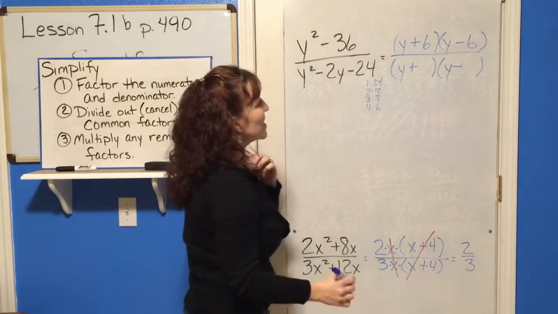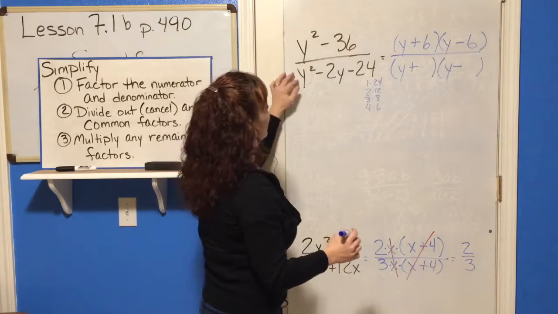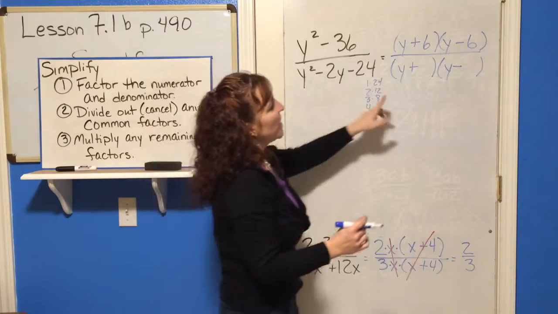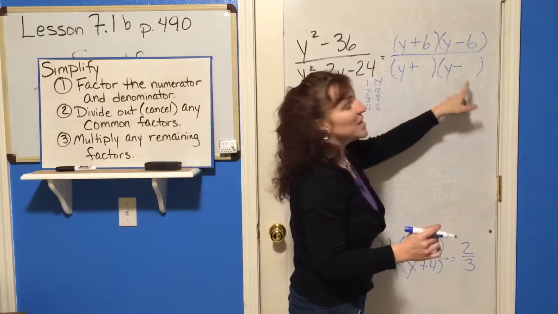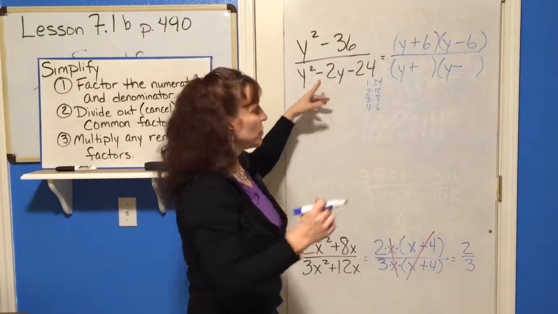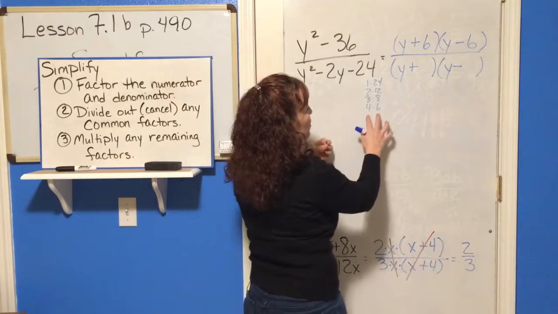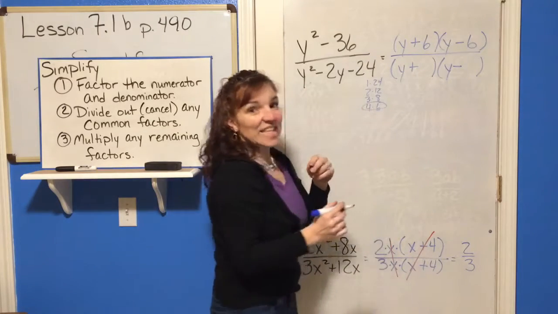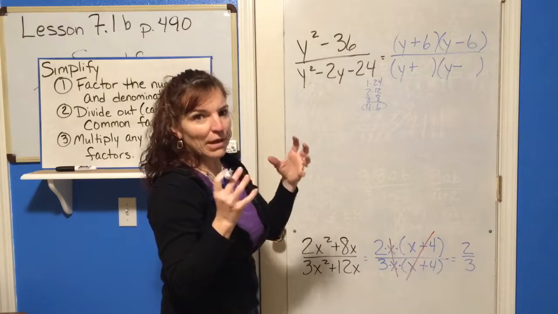Whew! Okay, that's a lot, but I know that because I didn't have a number in front of the y squared, I can simply, because the signs are going to be different, subtract to get a negative 2. So any of these that have a difference of 2, 6 minus 4 I know is 2, so I know I want the 6 and the 4. All right, did you see how I did that?